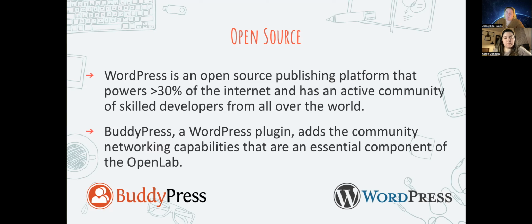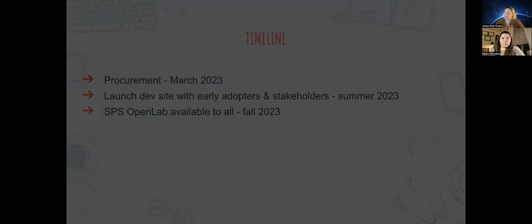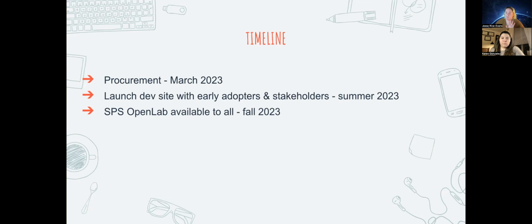It also doesn't hurt to know a little bit about how to make your own website. With WordPress, you don't need to learn how to code. You don't need to worry about that kind of thing. If you are interested in customizing with CSS, you can go that additional step and get into it, but you don't have to do that. There's a lot of built-in tools that will do that kind of thing for you. So no need to enroll in a coding class in order to make an OpenLab site.